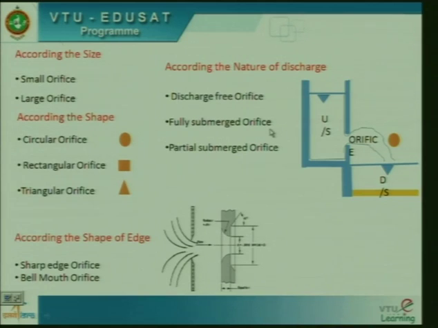Again, if the fluid level on the downstream side is much below the bottom edge, the orifice behaves as a discharging free orifice. If it is above the top edge, it behaves as a fully submerged orifice. If the level of fluid is between the top edge and the bottom edge, then the orifice behaves as a partially submerged orifice.